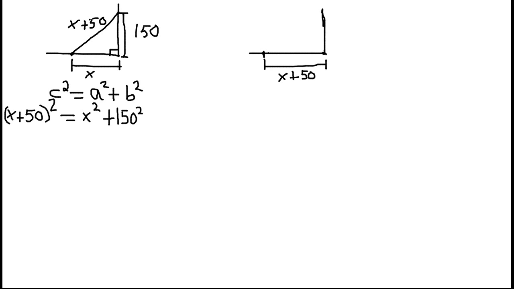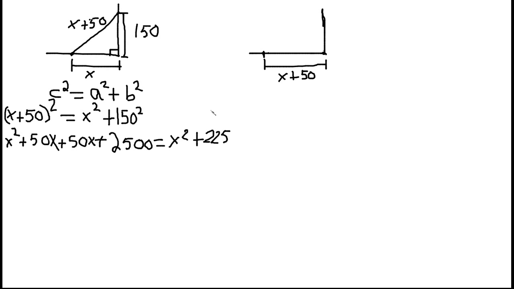So here we will obtain x squared plus 50x plus 50x plus 2500 is equal to x squared plus 22,500.